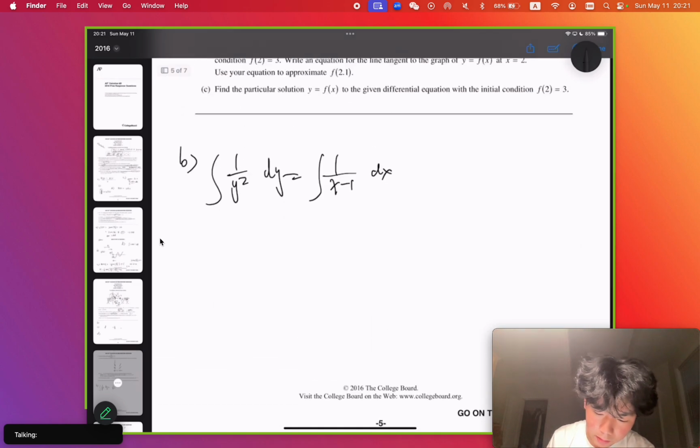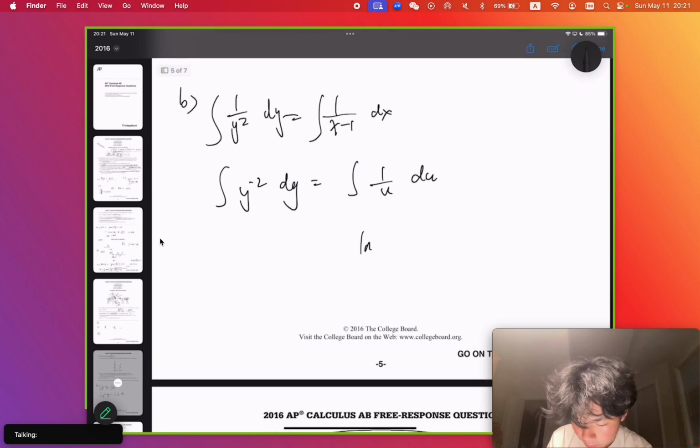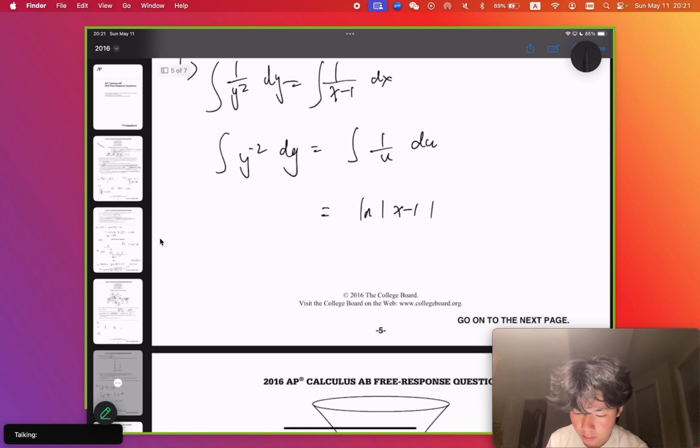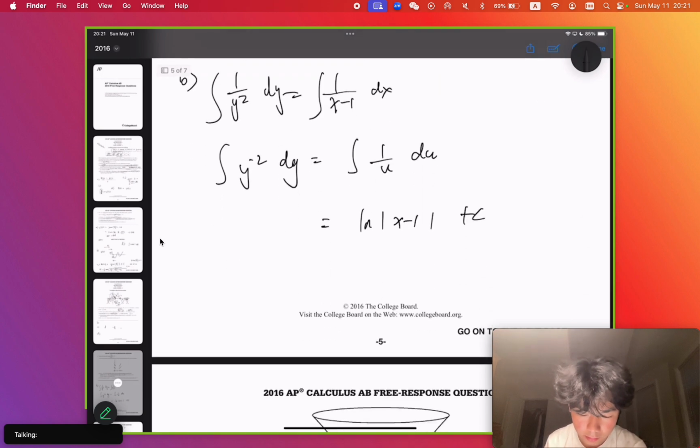And then this over here is just this. Don't mess it up with ln of x. And this over here, I think I can use substitution. So if I were to prove my steps, I get ln of x minus 1, since I'm using this ln method. And then plus c, don't forget, because you are taking the indefinite integral.